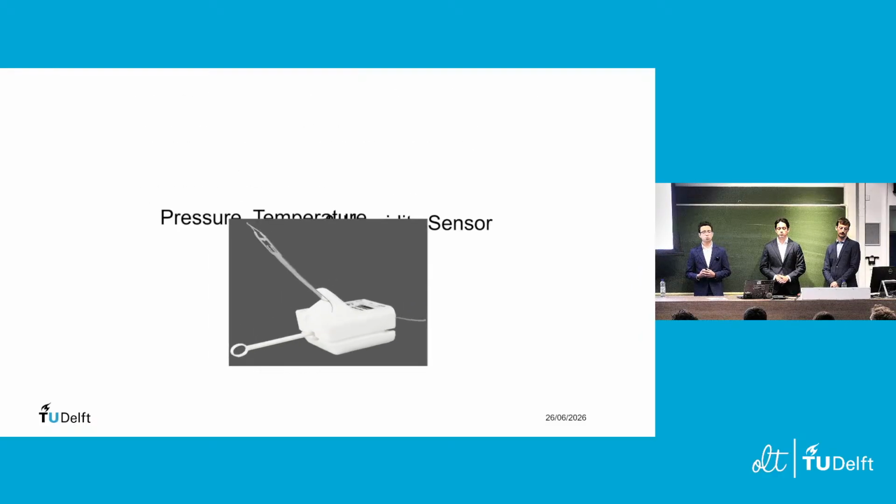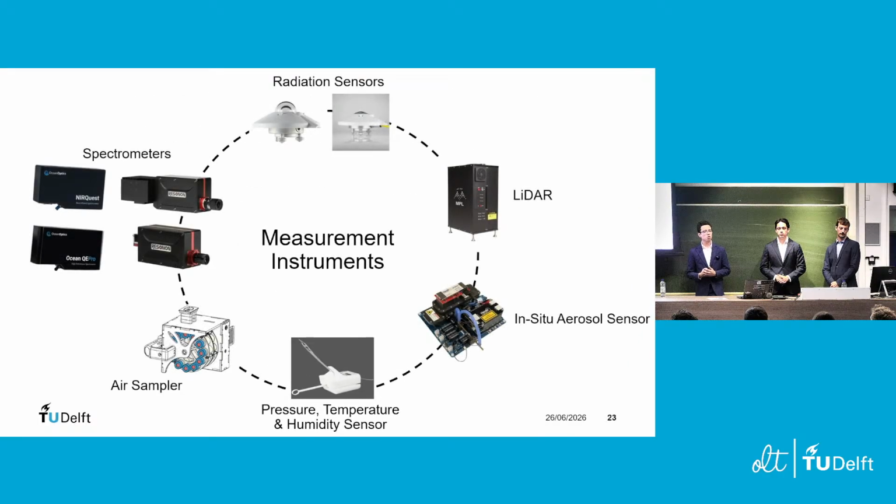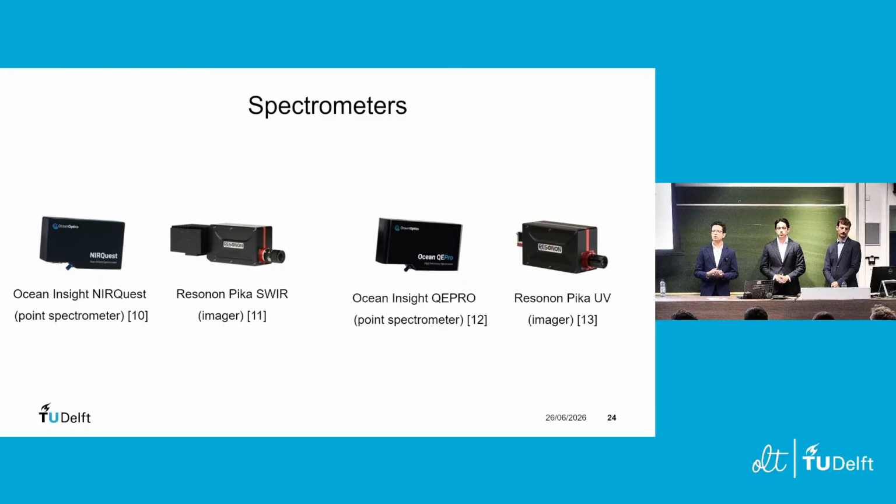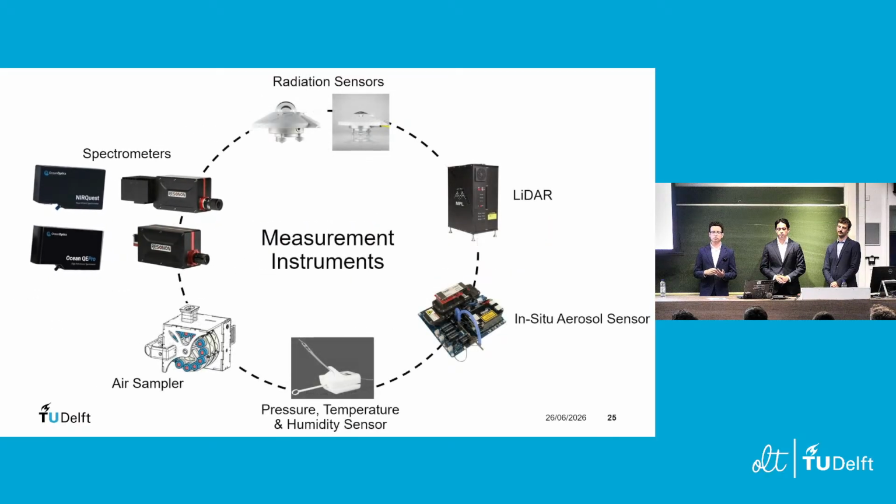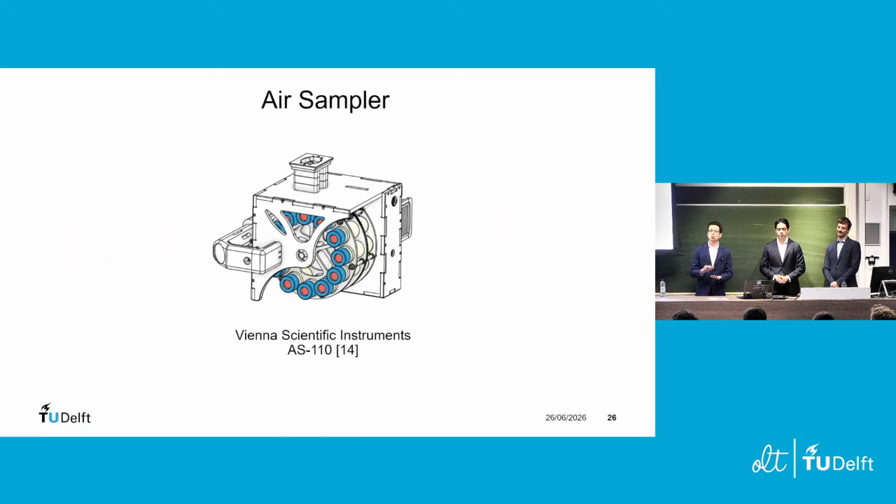Then, in order to measure atmospheric composition, we are focusing on the use of spectrometers, which are kind of like cameras, except they are able to see in a wider wavelength range, ensuring that we can capture the full absorption spectrum of all of the gases we are targeting. In order to detect the gases that are too rare to detect with our spectrometers, we are going to also have an air sampler that takes raw samples of the air, and they can later be analyzed in a laboratory.